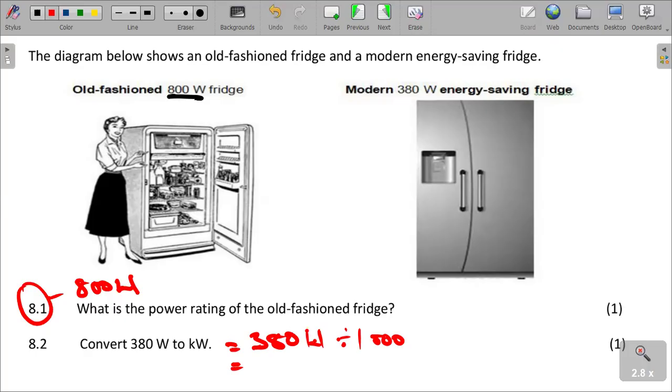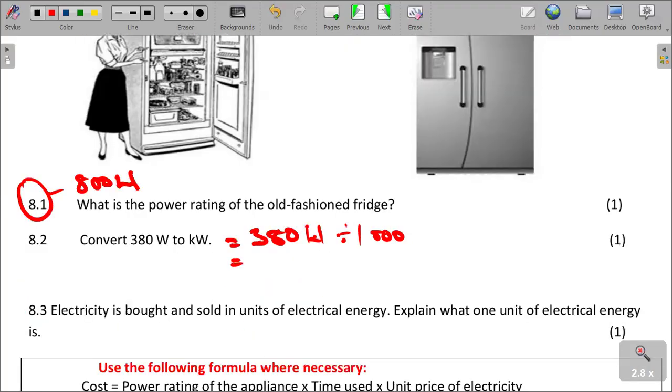Put it through your calculator, and you can find out that this will give you 0.38 kilowatts.